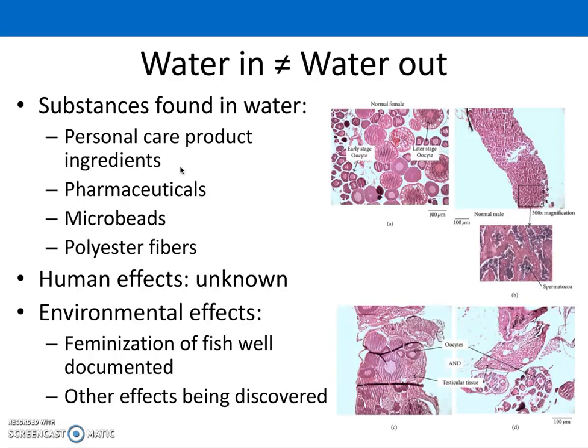But over time, prolonged interaction with those tiny amounts could cause effects. We just don't know what they might be, or if they even do cause effects. We've also been able to detect byproducts of pharmaceuticals, things like antibiotics, things like birth control pills, things like Prozac.